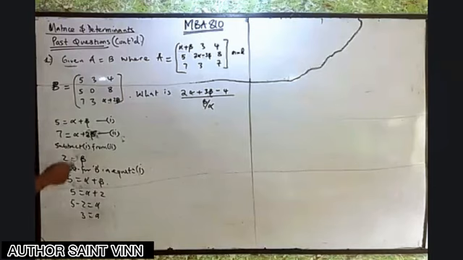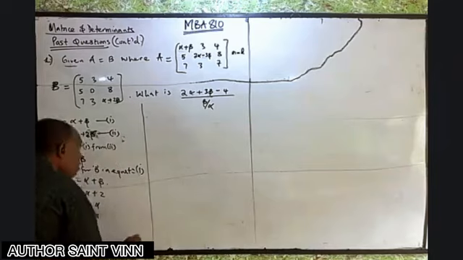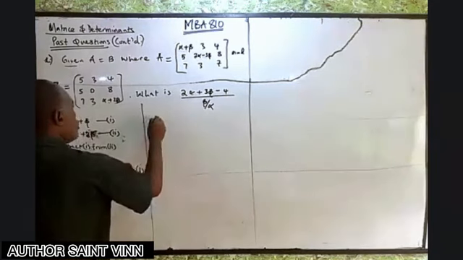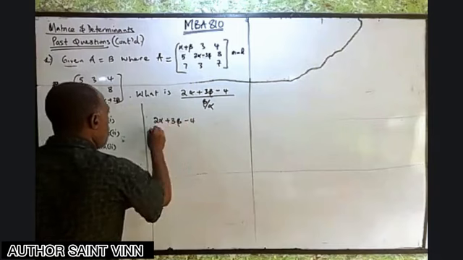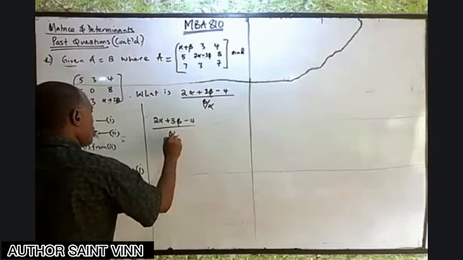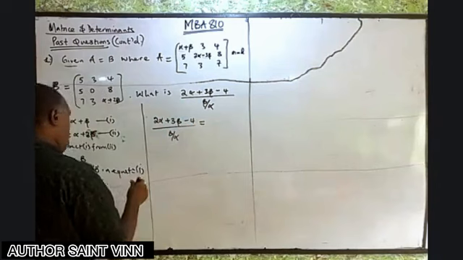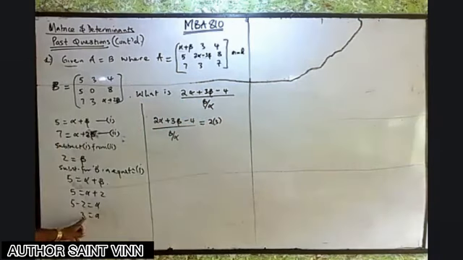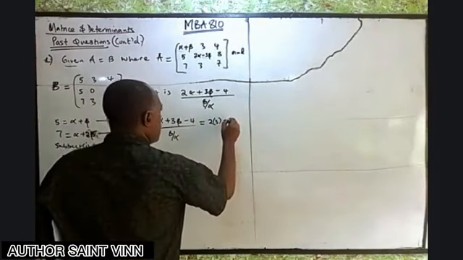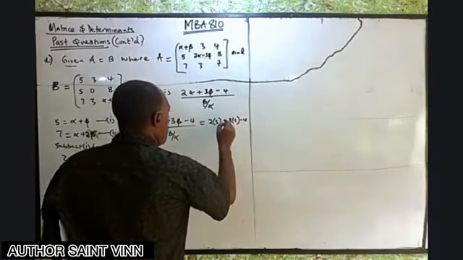But this is not what they say we should do. And you know this objective, I think. We have to be fast. So this is 2 alpha plus 3 beta minus 4 all over beta. So alpha is 3 and beta is 2.